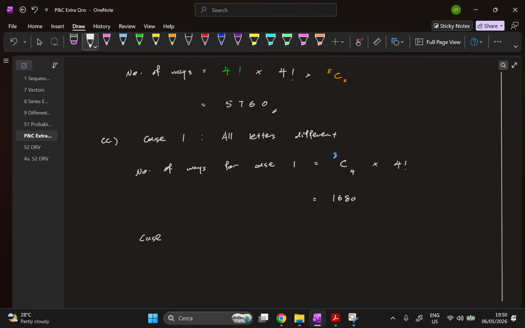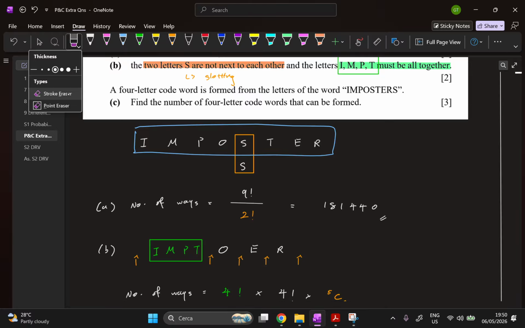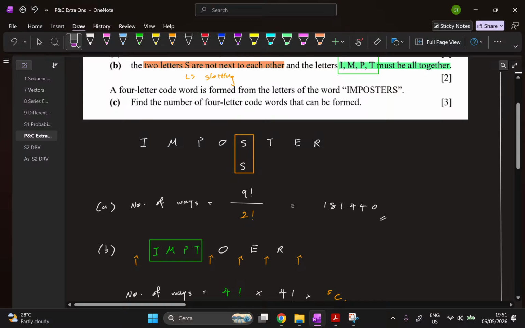The second case, because there are only 2 cases, is obviously the fact that both S's are chosen. And think about it for a moment. What would be the number of ways for case 2? If both S's are chosen, both of the orange things are chosen.